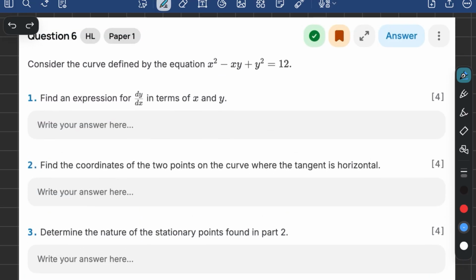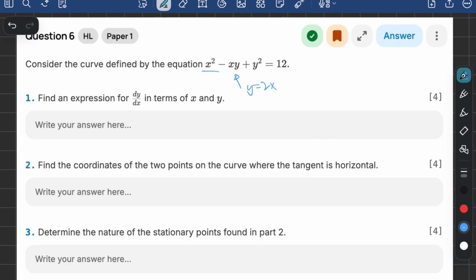And we want to find the coordinates on this curve. So we need to substitute y equals 2x back in there and find the x values available for this condition, and use these x values to find the y values.